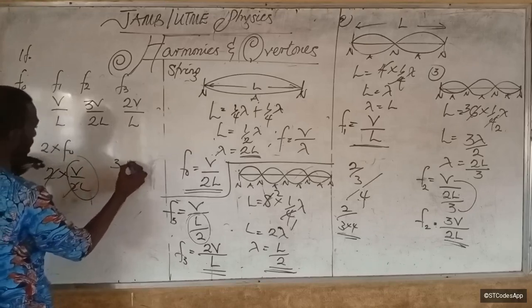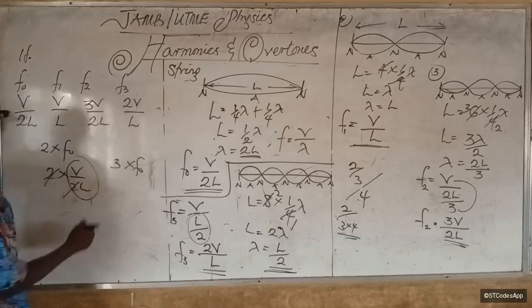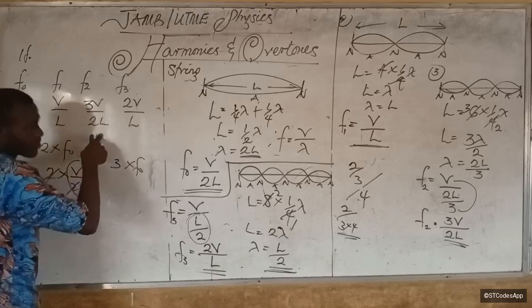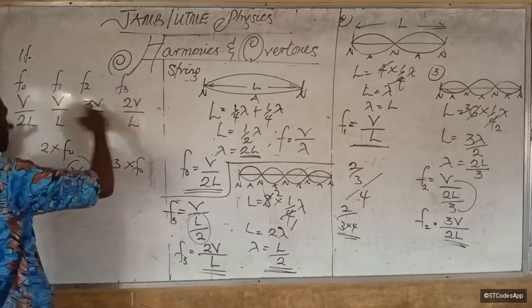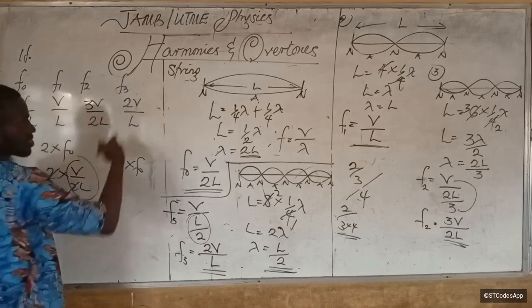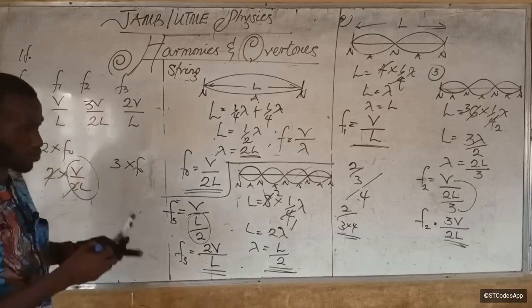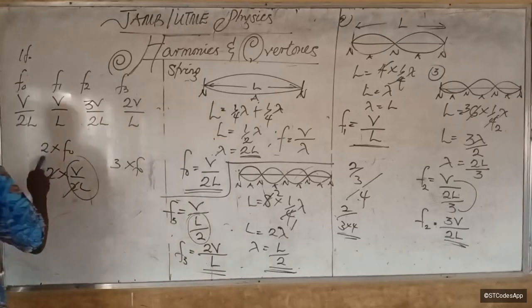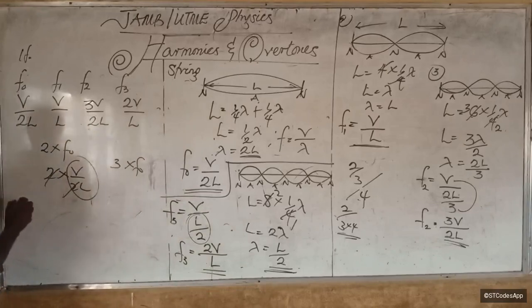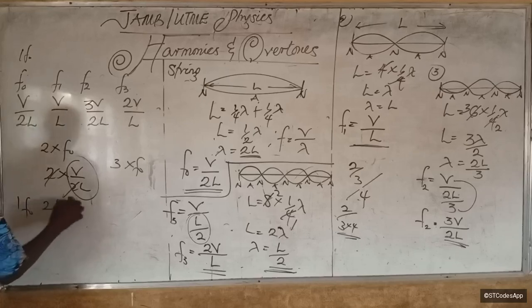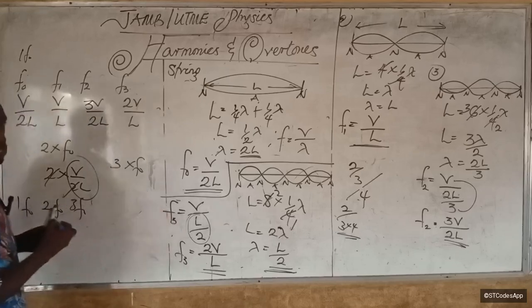It looks like 3 times F naught, because 3 times this will give us 3V over 2L. For the fourth harmonic, 4 times F naught. So that's what we call harmonics: integer multiples of the fundamental frequency. We are just multiplying by the integer. So our first harmonic is 1 F naught, second harmonic is 2 F naught, 3 F naught, and so on. Do you get it now?